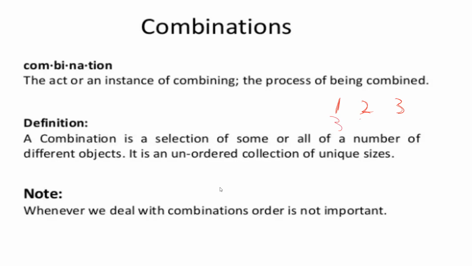Does 3, 2, 1 open the lock? No, you cannot open it. Therefore, that lock is not really a combination lock, because if it were, 3, 2, 1 would be the same as 1, 2, 3.